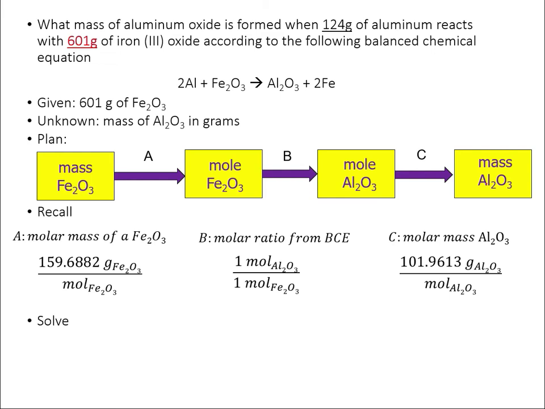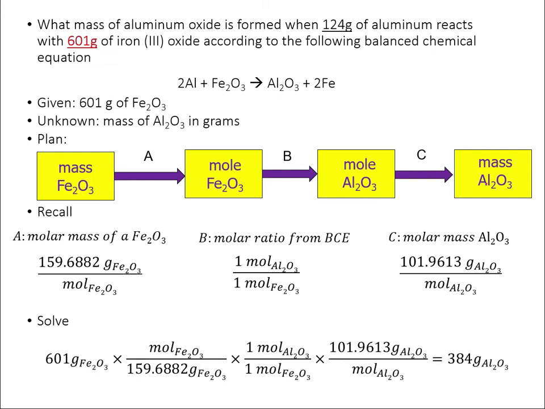And just like the last example, we go ahead and solve. We start with our 601 grams of iron oxide, and walk our way across, canceling out the grams, the moles of iron oxide, and the moles of aluminum oxide, until we're left with the grams of aluminum oxide.